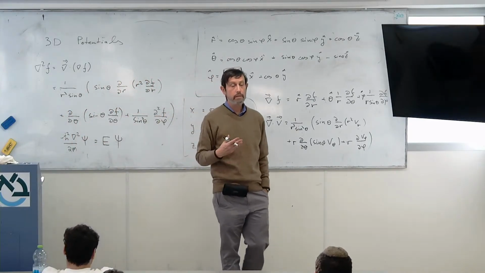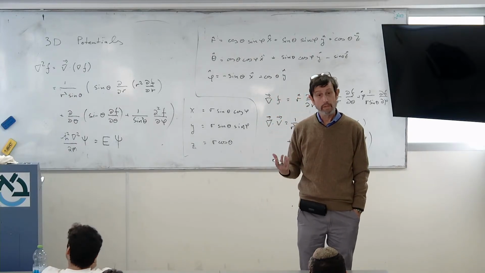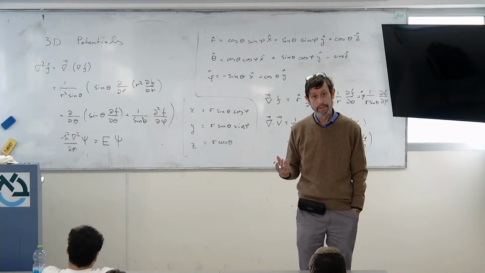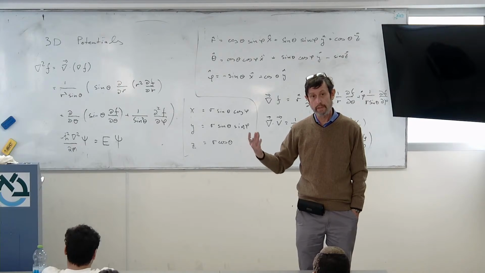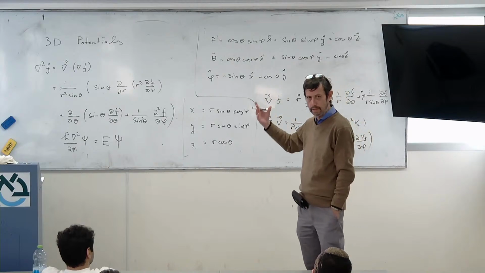If I write it in Cartesian coordinates, we solved it without too much pain. You could separate x, y, z, get the e to the power i k x, or y, or z, and life's good.